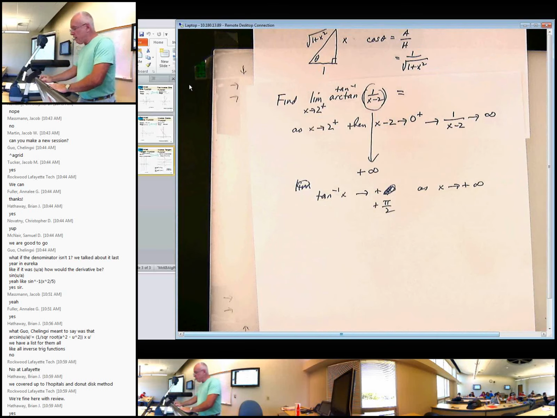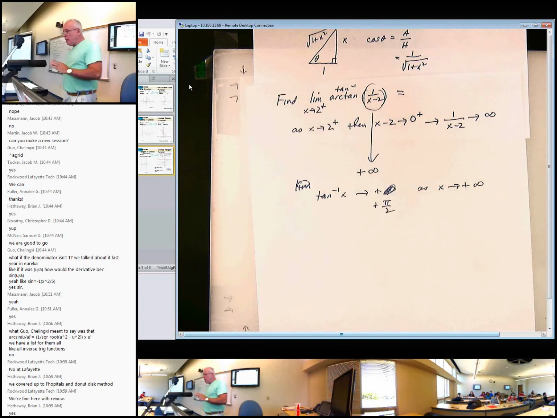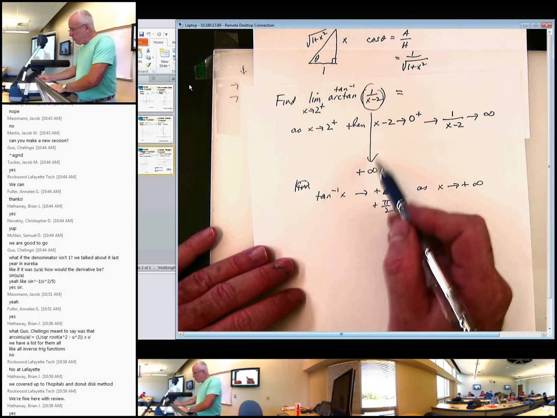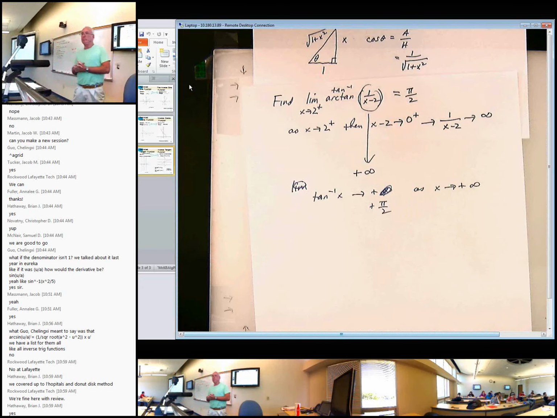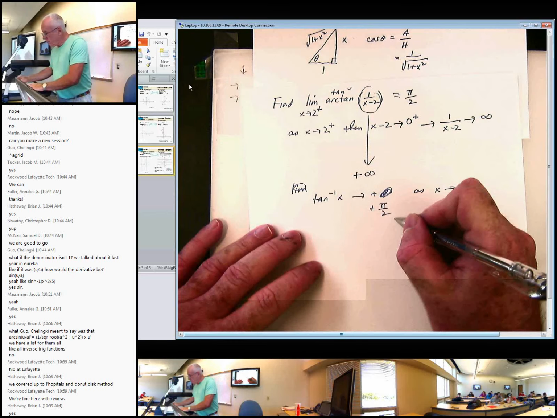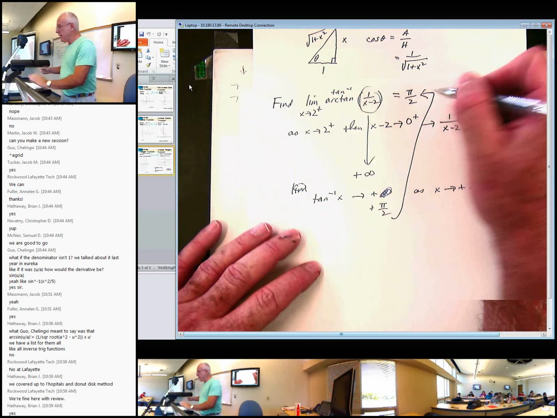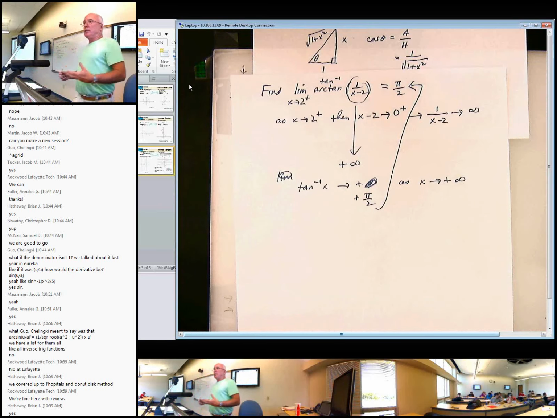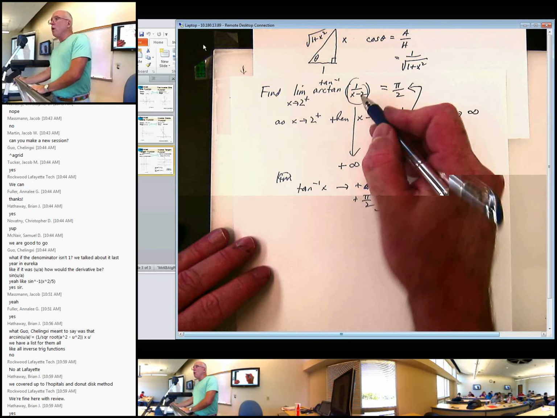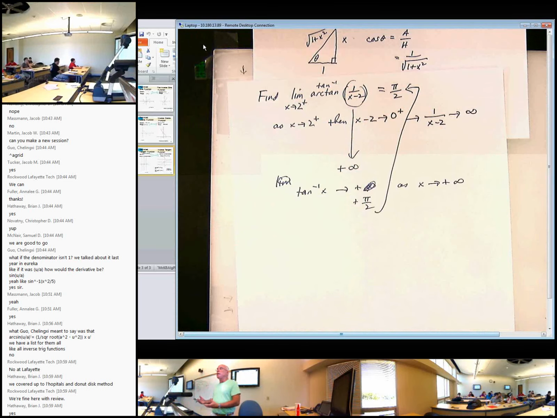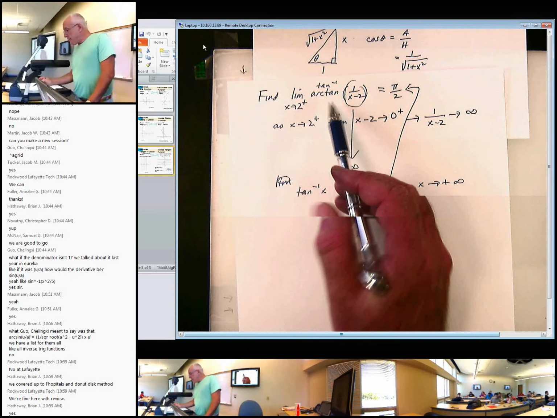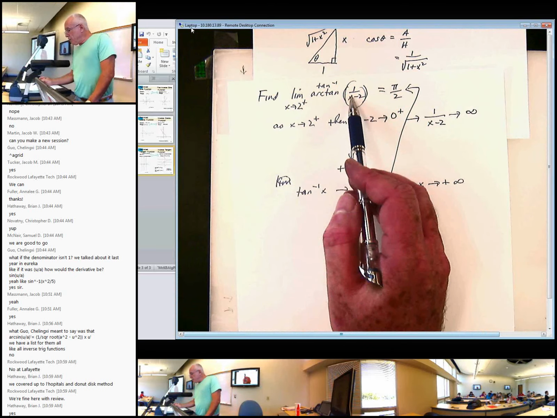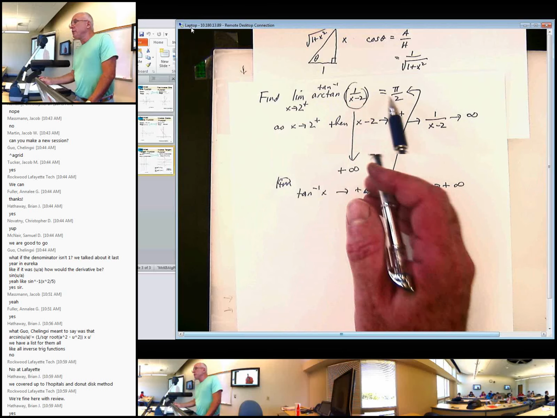So this whole expression here is approaching positive infinity, so therefore this limit is going to be plus pi over 2. Like that. So the key with these things is to figure out what this inside expression is heading to, and then use your fact that as this expression gets bigger and bigger, the arctangent approaches pi over 2.